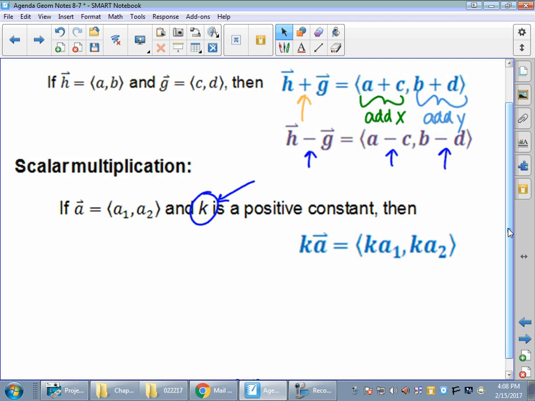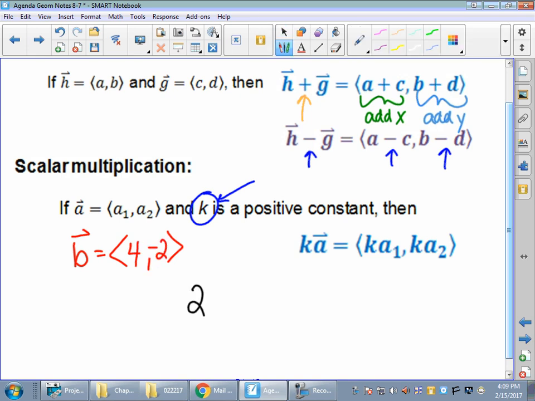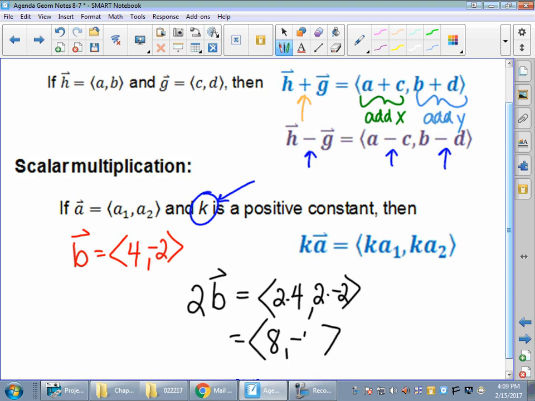So I could have said vector B is equal to 4, negative 2. If I want to know twice vector B, I would just take 2 times 4, 2 times negative 2. You probably will do that in your head, and you'll get an 8, negative 4. It's actually really not all that complicated or tricky.